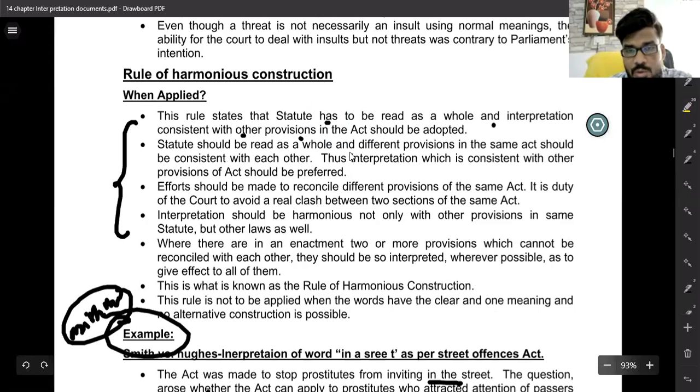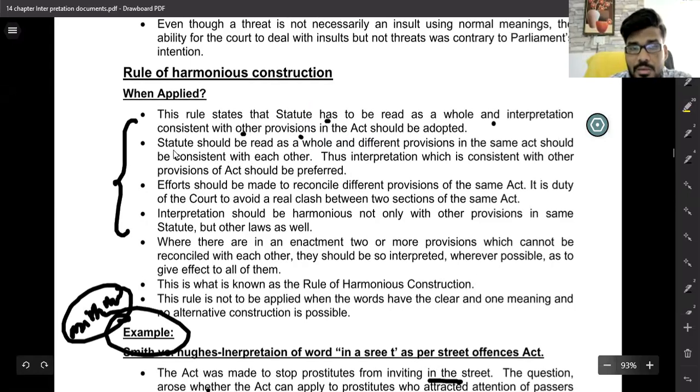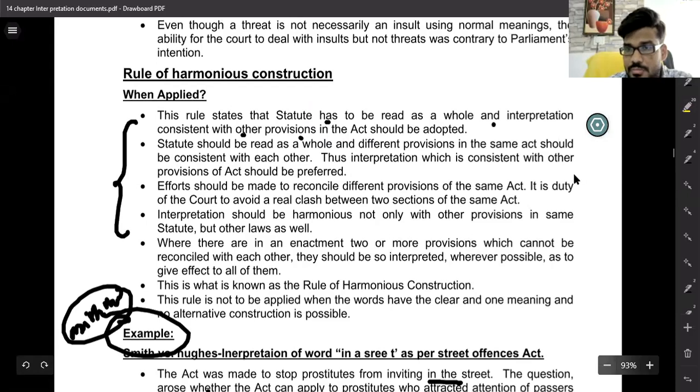Thus, an interpretation which is inconsistent with other provisions of the act should be avoided. Effort should be made to reconcile different provisions of the same act. It is the duty of a court to avoid a real clash between two sections. Who will decide? The court will decide.